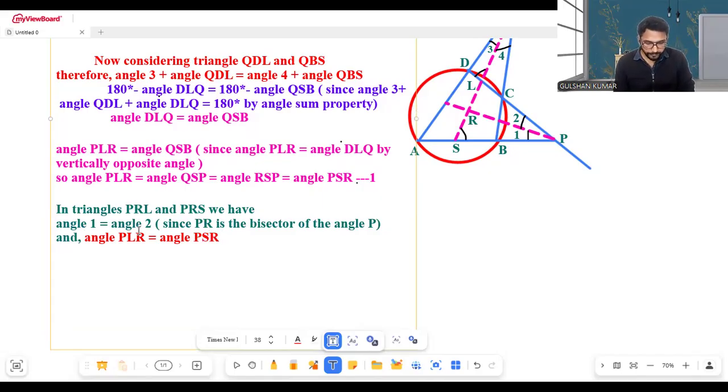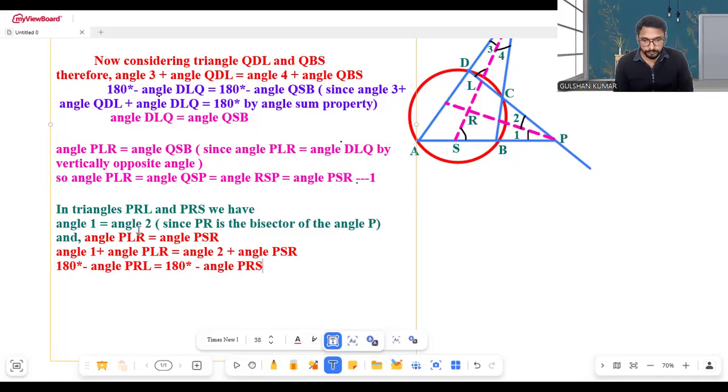So angle 1 plus angle PLR equals angle 2 plus angle PSR, which will be equal to 180 degrees minus angle PRL equals 180 degrees minus angle PRS.